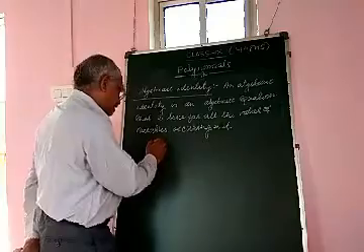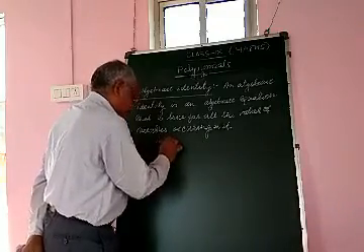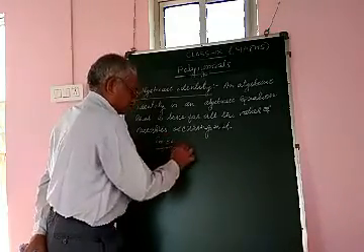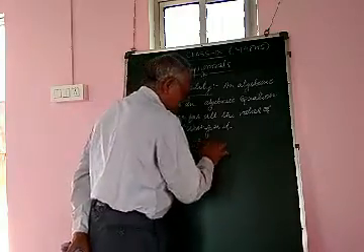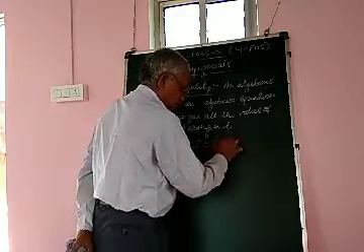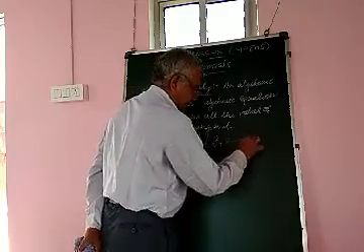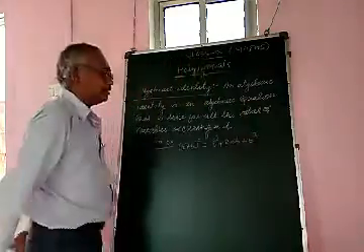For example, a plus b whole square is equal to a square plus 2ab plus b square.